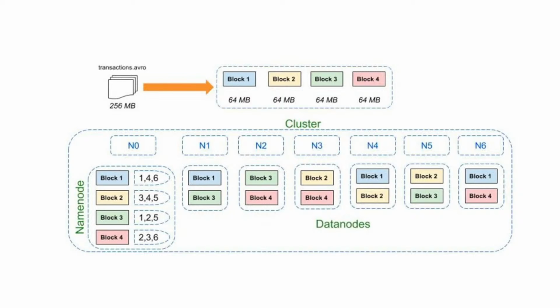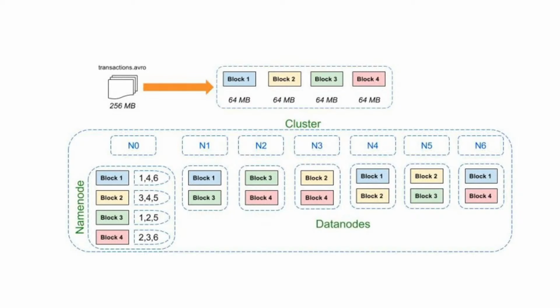Each of them is 64 MB, because the block size in this Hadoop architecture is 64 MB. Now there's a replication factor of 3. So the name node has to store these 4 blocks across these 6 nodes, and make sure each block is copied in 3 places.